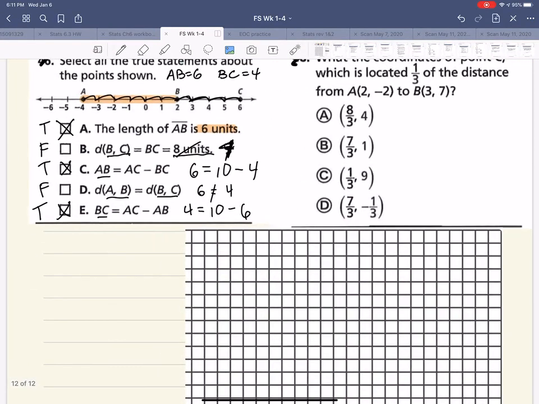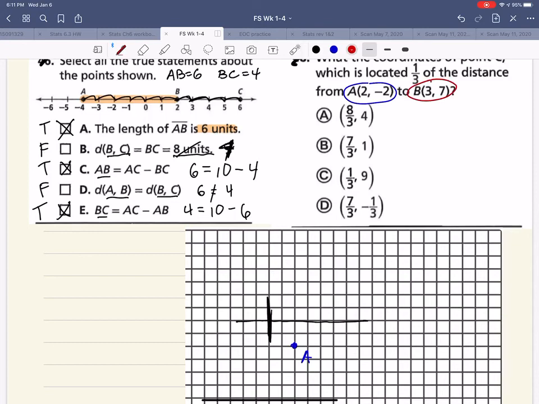So we have 2, negative 2. So there's my origin, 2, negative 2. And we're going to call that A. And then B, we're going to call 3, 7.